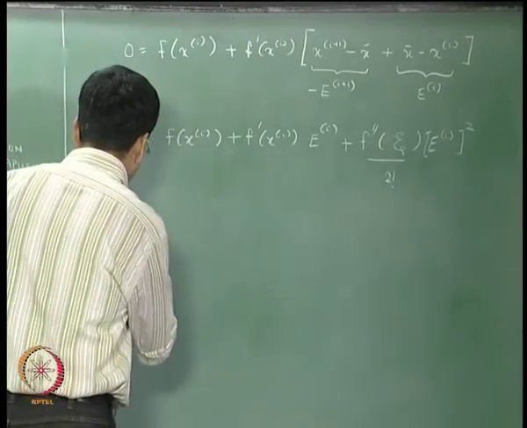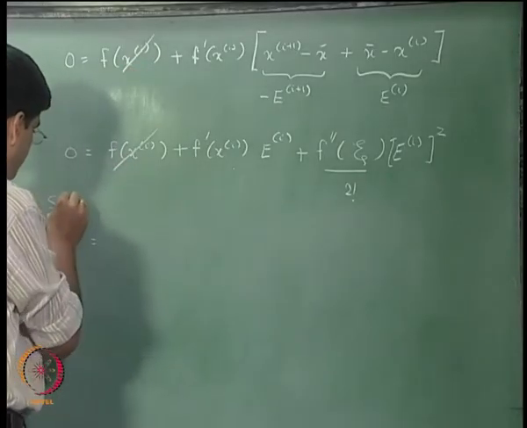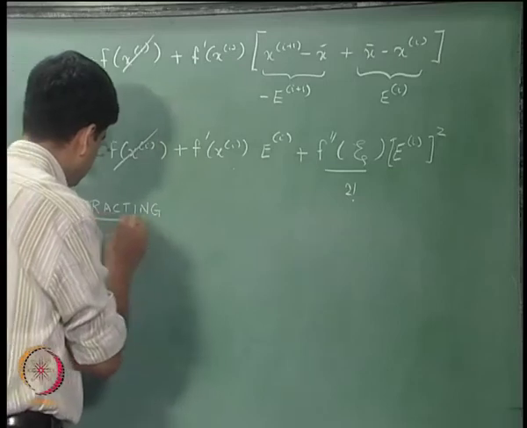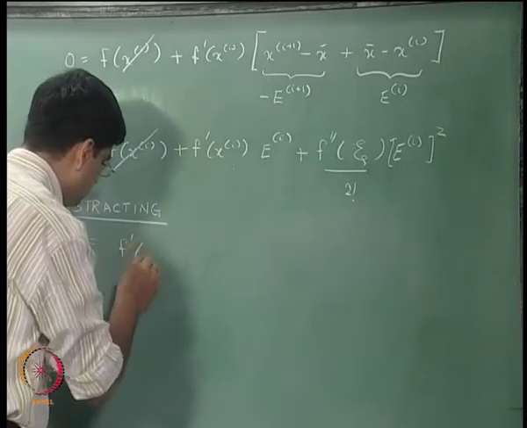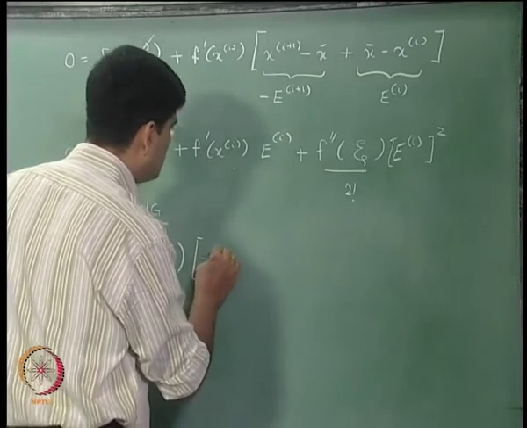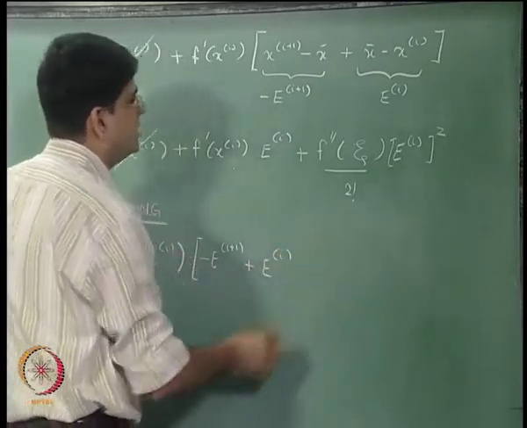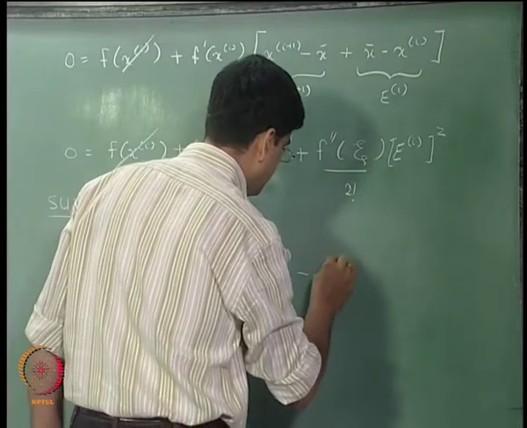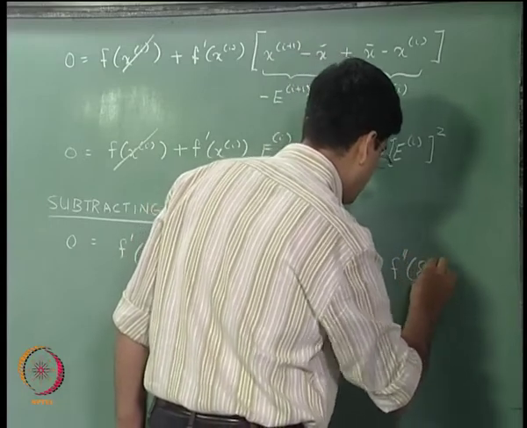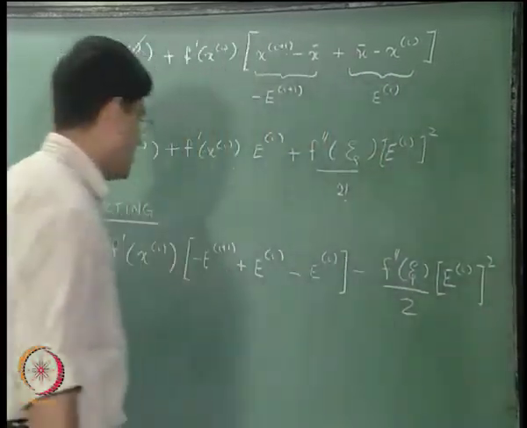We subtract these two equations and these two terms are going to get cancelled, and we will get f dash of xi times minus ei plus 1 plus ei minus ei, minus this particular term, is going to be equal to 0.